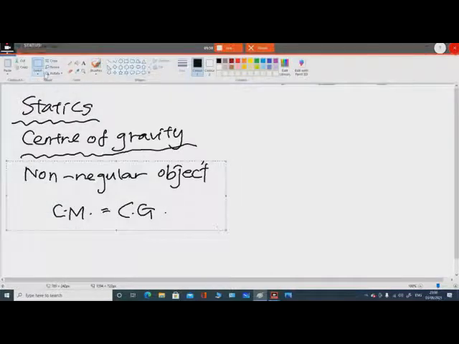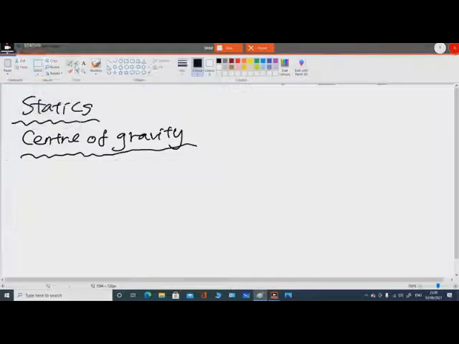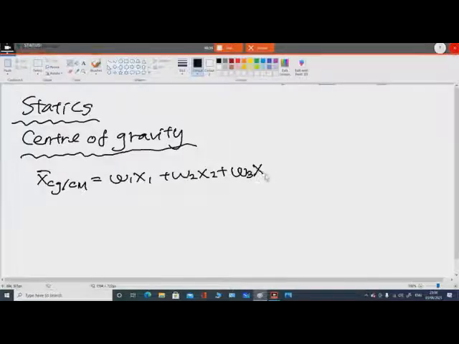As for another way to determine the center of gravity, it is by using calculation. So we know that the center of gravity or the center of mass, which is the mean x coordinate, is actually given as w1 x1 plus w2 x2 plus w3 x3 and so on, plus wn xn.